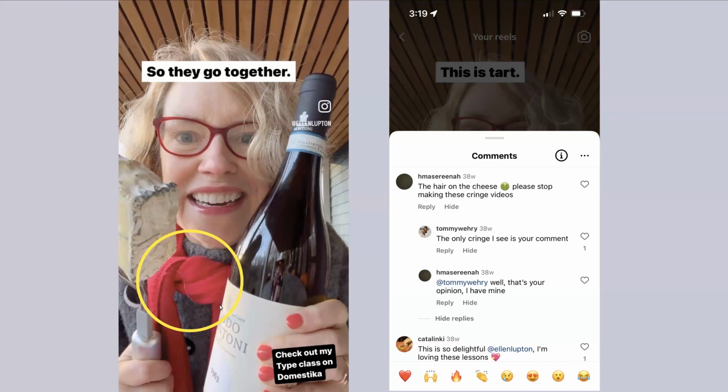It looks not so bad in the still, but in the actual video, the hair is waving and moving. I didn't notice it because I'm just looking at my phone, but other people were noticing it and commenting on it, and it was embarrassing.